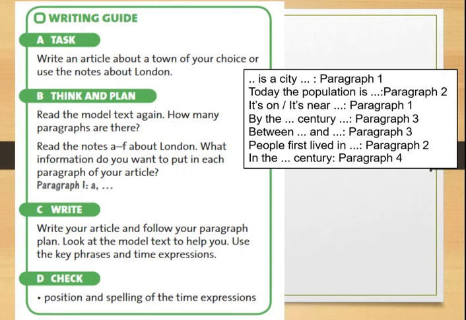Что вы будете включать в абзац 1, в абзац 2 и в абзац 3, в абзац 4. Посмотрите внимательно и напишите статью о городе с историческими фактами, следуя данному плану. Используйте текст в учебнике на странице 111 как образец.